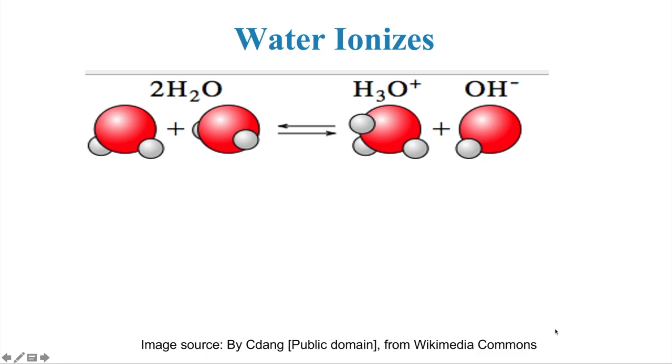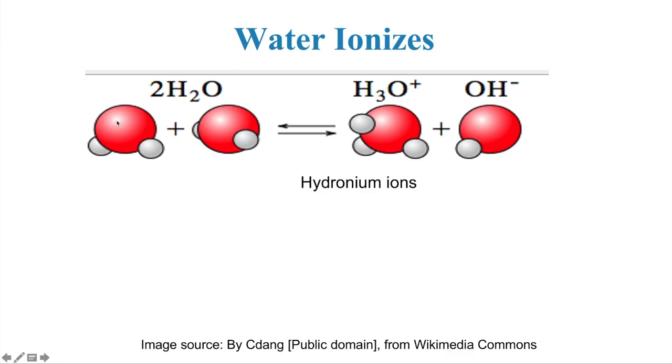What does that mean? That means at a very low frequency, when two water molecules come in contact, one of them steals a positively charged hydrogen ion from the other water molecule, giving rise to an entity which is called H3O plus, or hydronium ion.